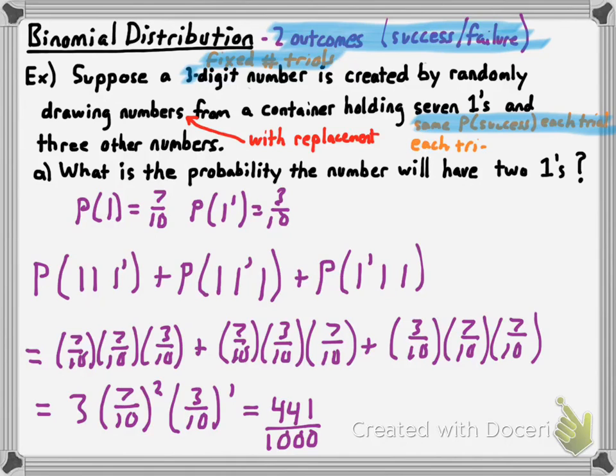If you have those 4 qualities for a random variable, then that random variable is binomially distributed.